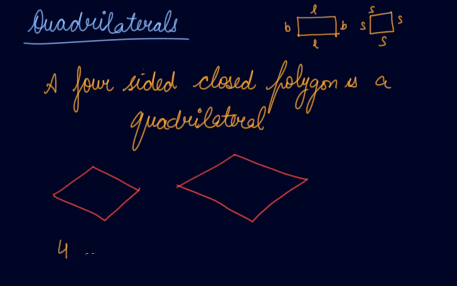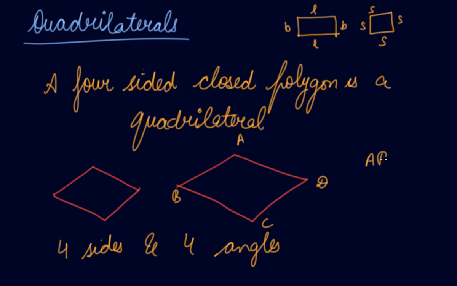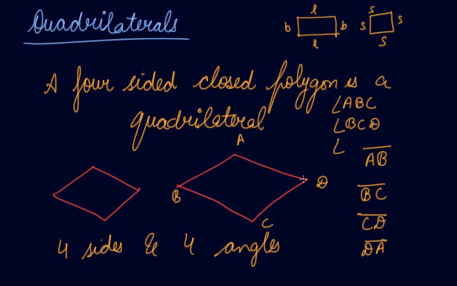Now, a quadrilateral has four sides and four angles. ABCD is a quadrilateral. In this, the sides are AB, BC, CD, and DA, and four angles: angle ABC, then angle BCD, then angle CDA, and angle DAB.